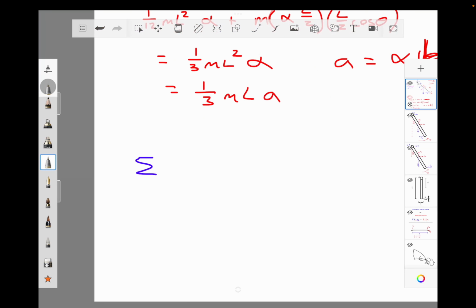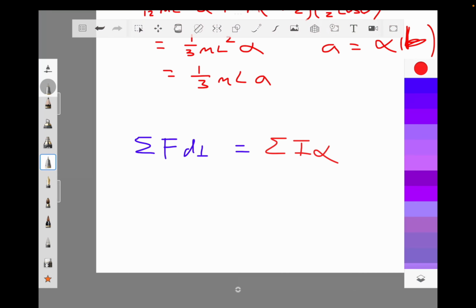So, sum of the forces perpendicular, and then sum of the inertia. I'm just going to use black now.